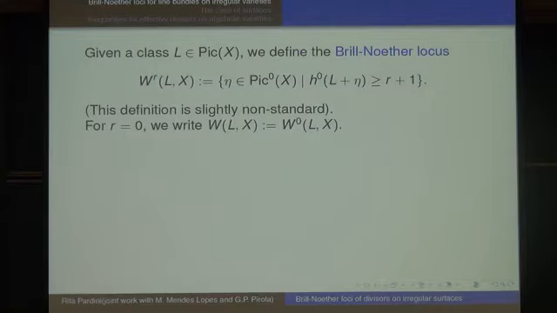This time I fix the variety, I fix a line bundle, and then I fix r, which is the number of expected sections, and then I take all the eta in Pic^0 such that h^0 of L plus eta is at least r plus 1. So in fact, this is a translate of the previous definition. I gave it in Pic^d. That's why I wrote that the definition is non-standard.